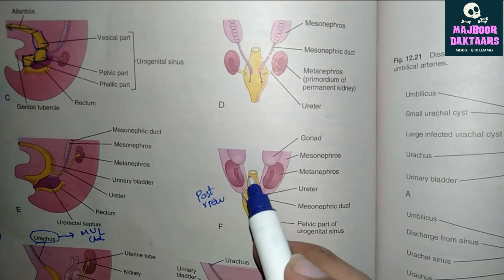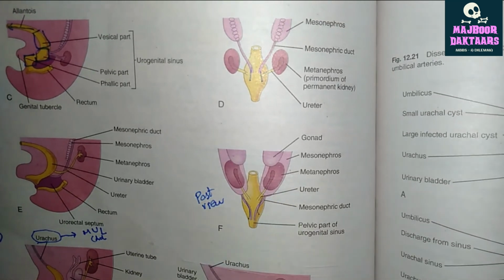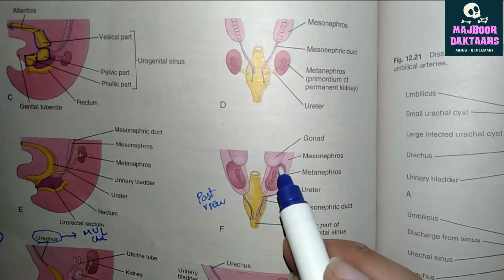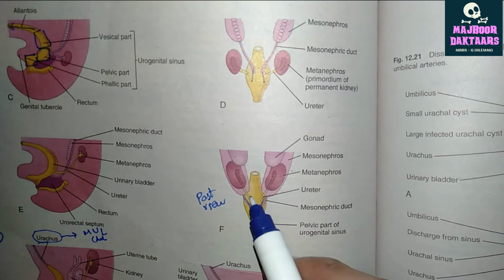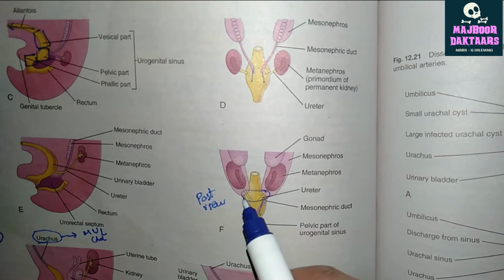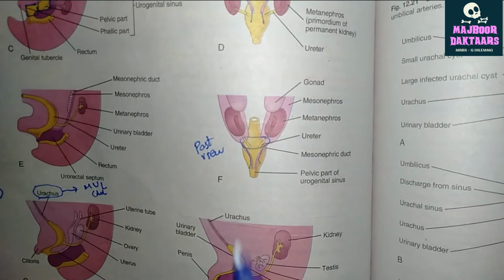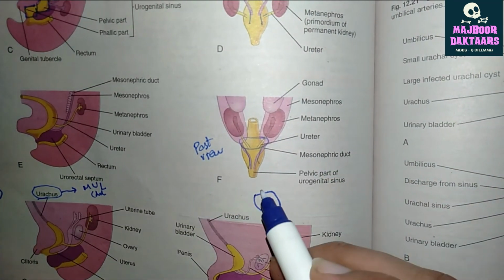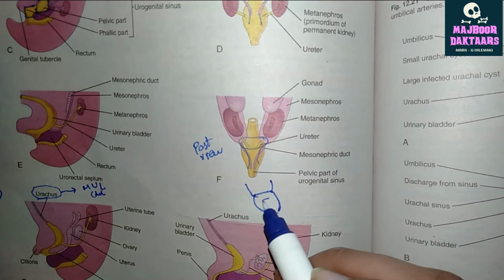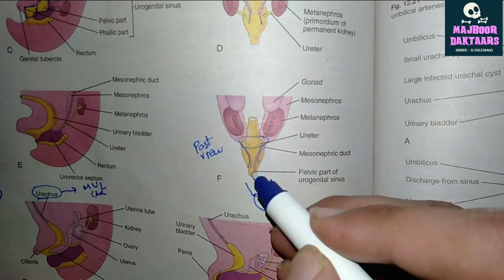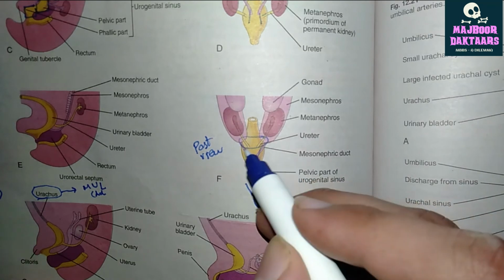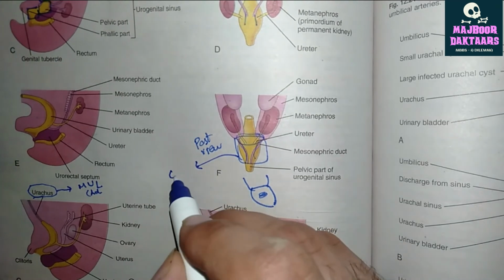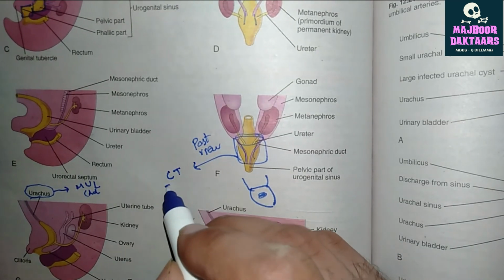So as the urinary bladder grows, the mesonephric duct is incorporated into its dorsal wall, so that the ureter of the kidney opens directly into the dorsal portion of the urinary bladder. As the kidney grows further, the ureter opens into the basolateral surface at the apex of the urinary bladder, while this portion of the mesonephric duct, which gets incorporated into the dorsal wall of the urinary bladder, gives rise to the connective tissue of the bladder trigone.